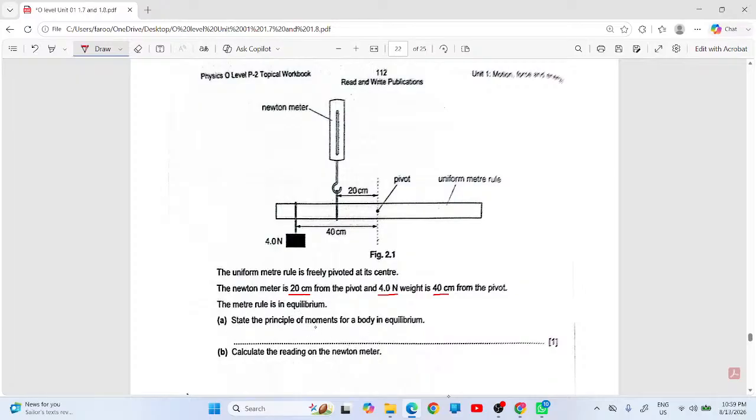State the principle of moments for a body in equilibrium. What will we say?